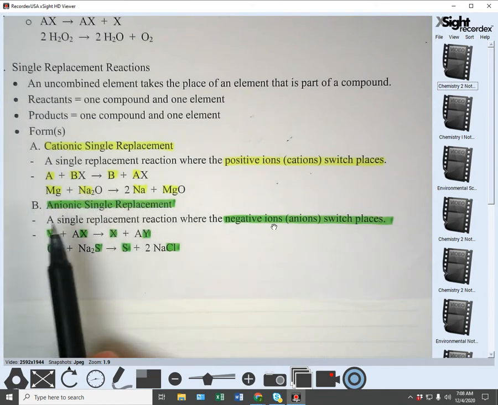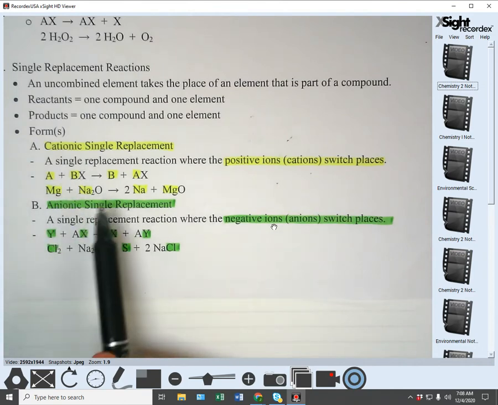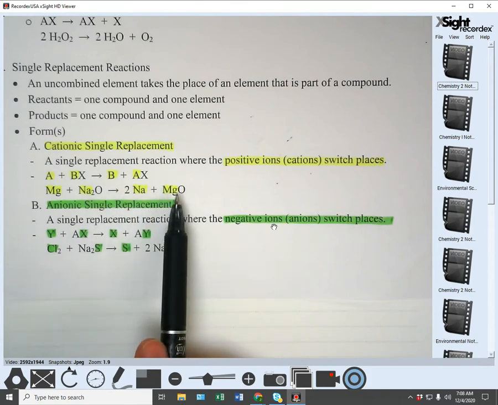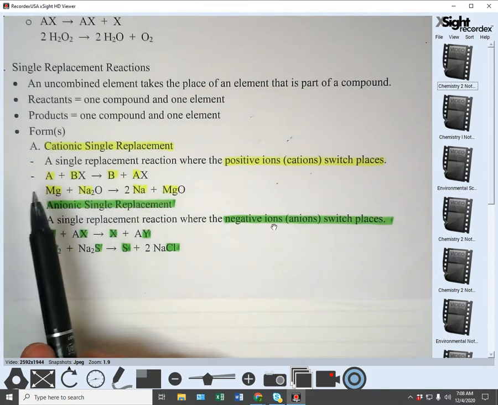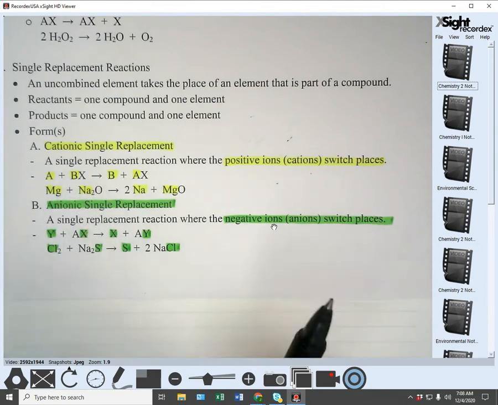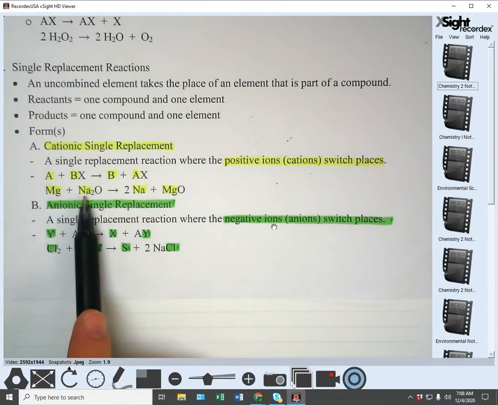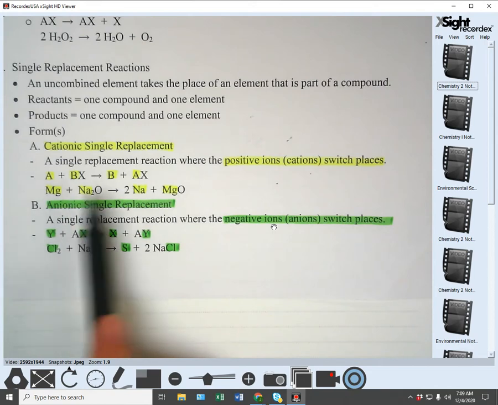If a guy comes up and wants to cut in, he's going to cut in for the other guy, and he's going to dance with the girl. So the other guy switches places with the guy that is dancing with the girl in the quote unquote compound. So if it's positive, the positive is going to take the place of the other positive, not combine with it.